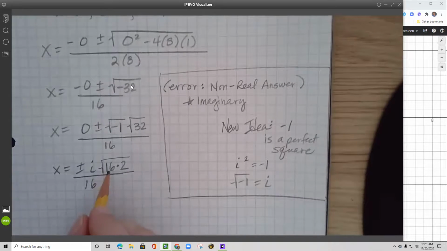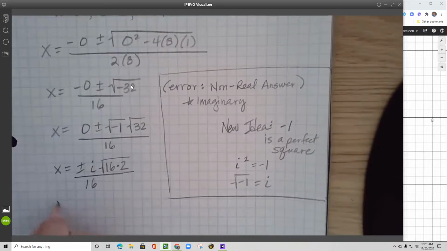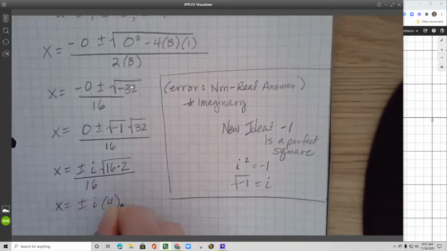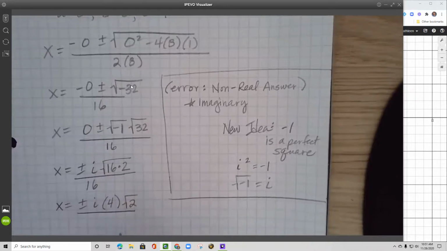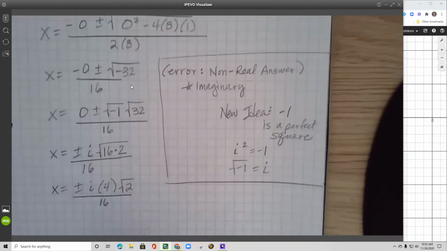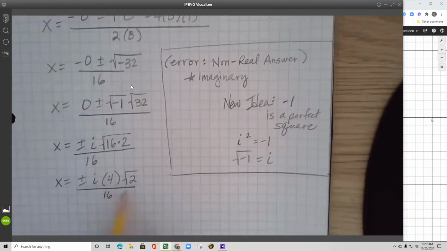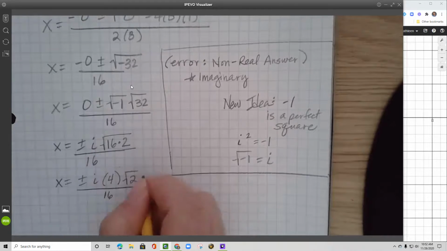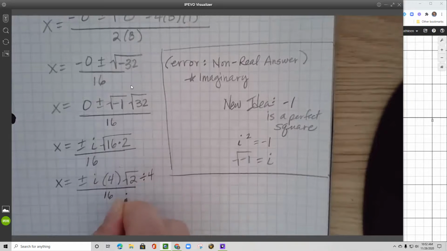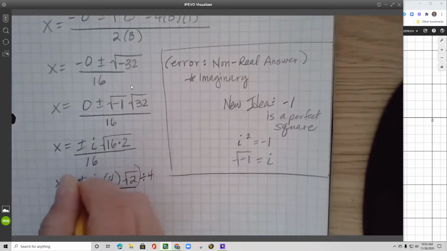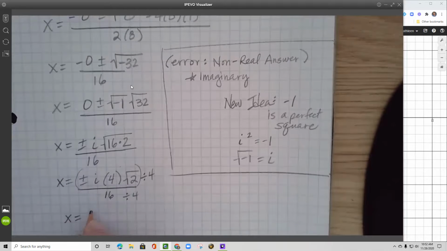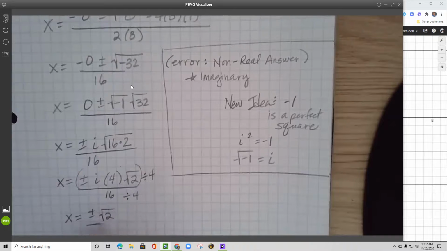That's helpful because I can take the square root of 16 and get a whole number. I'll leave the 2 under the radical. And I can simplify this equation because here I have a 4 and 16 is divisible by 4. So if I divide the numerator and the denominator by 4, then I get x equals plus or minus i square root of 2 over 4.